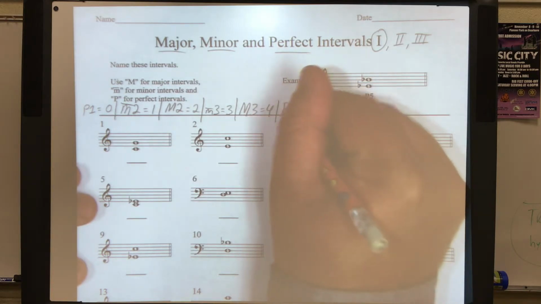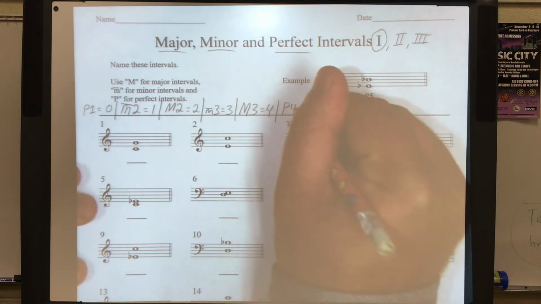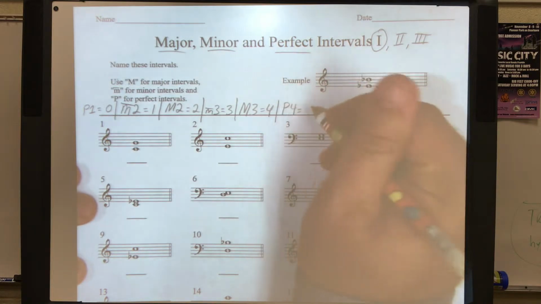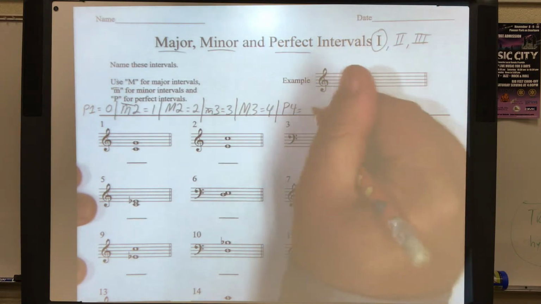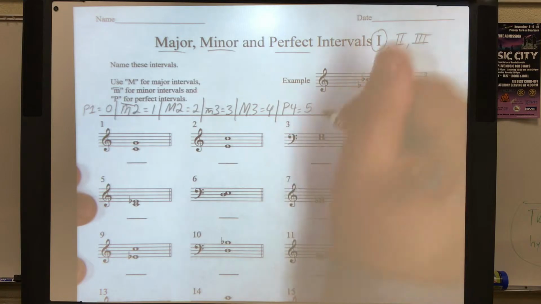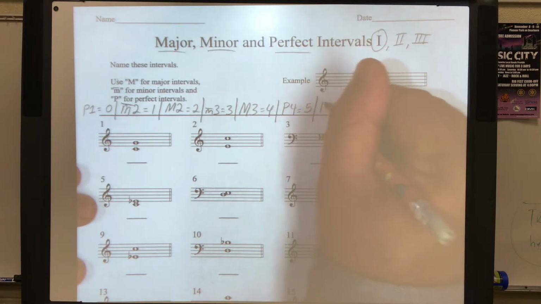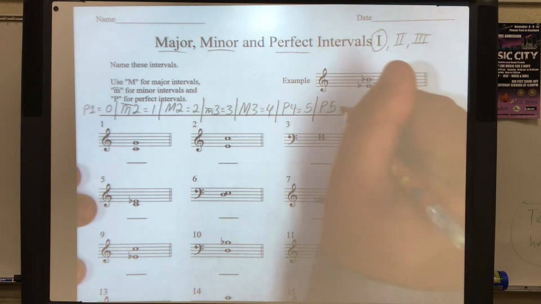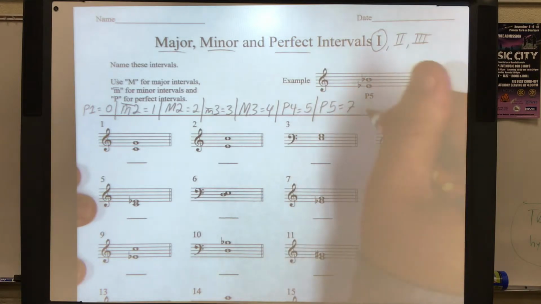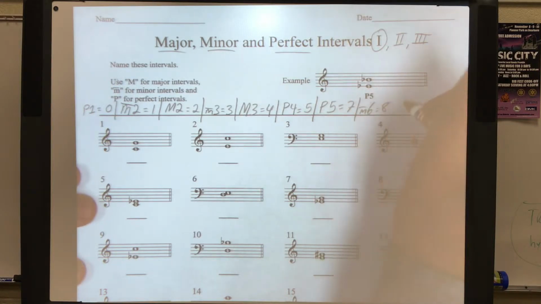Next one will be our first perfect interval, and we denote that with P. That's going to be 5 half steps. And for our purposes on this worksheet, we're going to go right to perfect fifth. P5, that is 7 half steps. Following that, we're going to do minor sixth, 8 half steps.